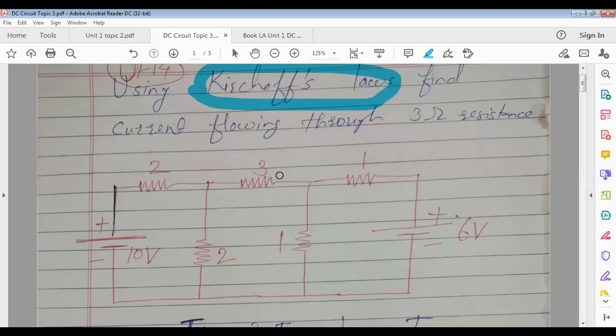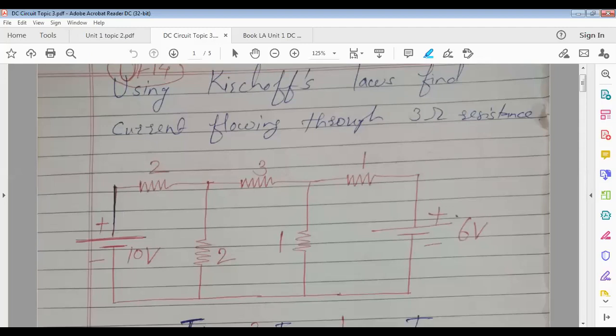Draw the circuit as it is, everyone. Don't use a scale, draw it freehand. Not a smaller one, slightly larger, because you will represent the branch directions, then the polarity of voltage drops, then the loop directions. So draw at least medium size.